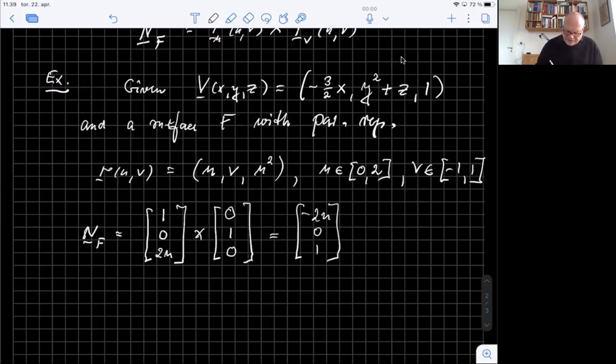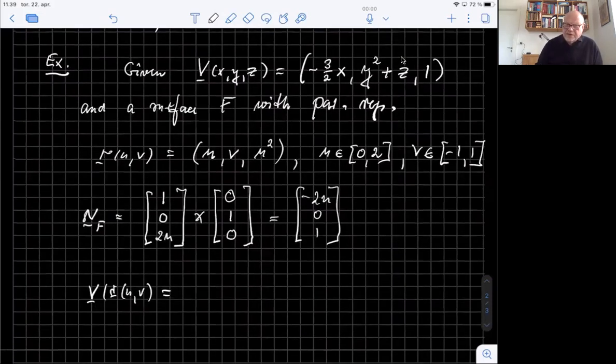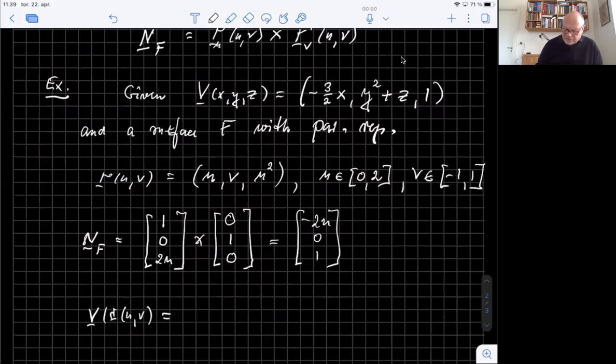And then you need the restriction of your vector field to this parametric representation. So you have this vector field, which is at the upper part of the screen.